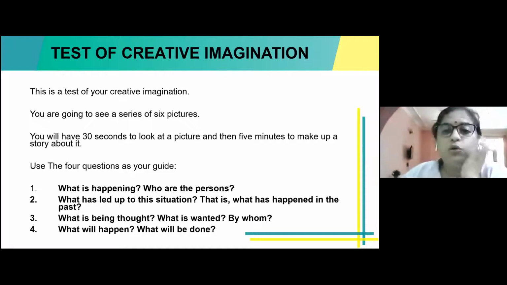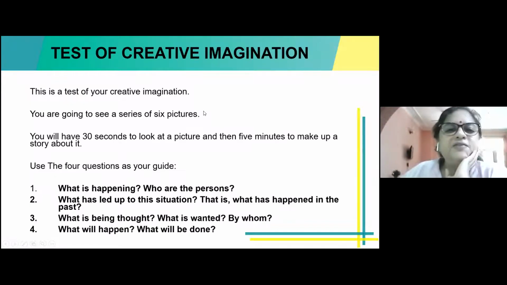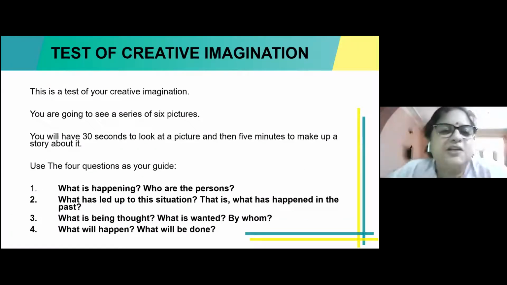What we are going to do is an exercise to test your creative imagination. You're going to see a series of 6 pictures. I'm going to show you each picture for 30 seconds.